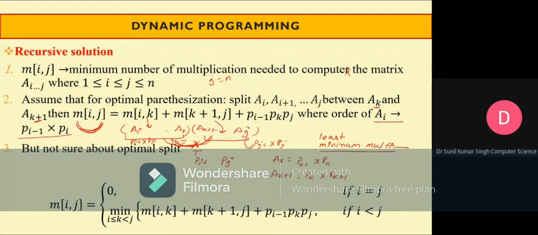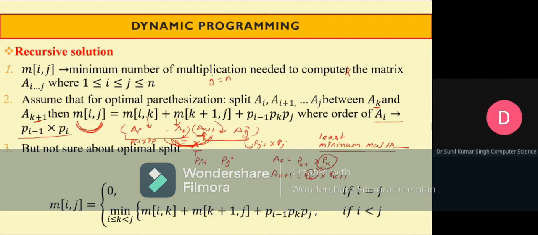Ak is on the left side, and Ak plus 1 is on the right side. If we look at the compatibility, you will find that the number of columns of this matrix is equal to the number of rows of this matrix, that is pk.